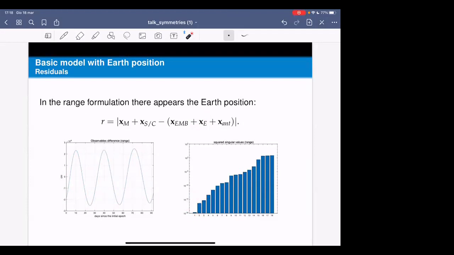And again, the normal matrix eigenvalues are not as small as in the basic model. One of them is still very small, but the other two become bigger.